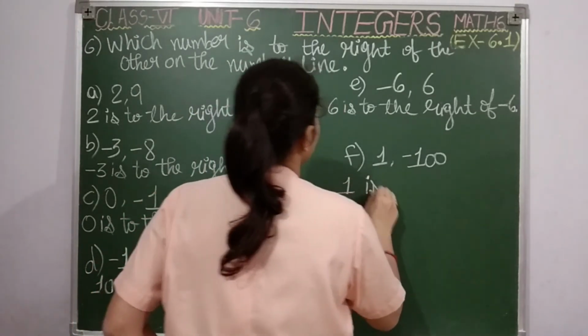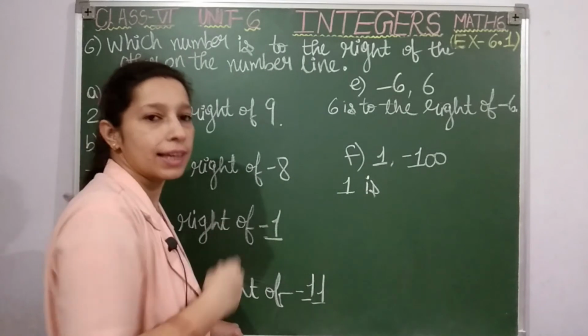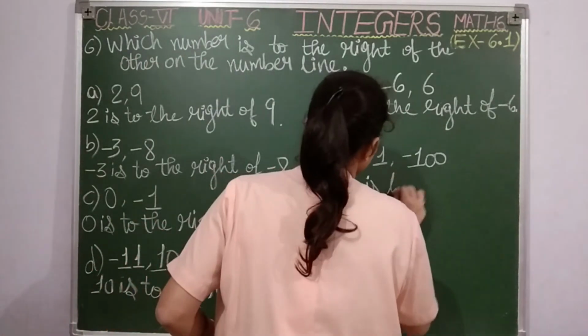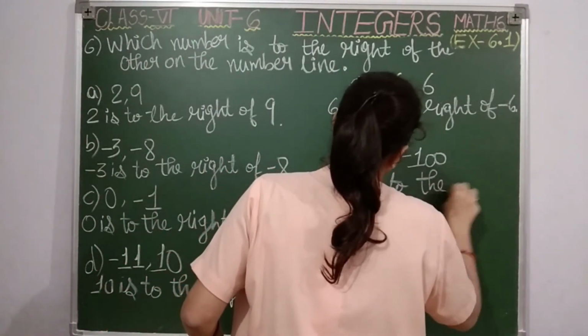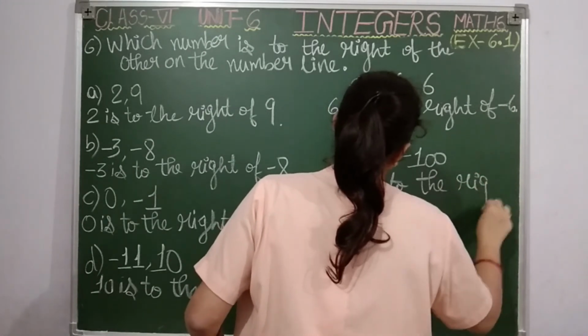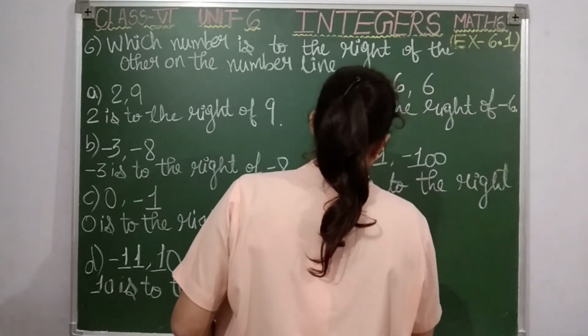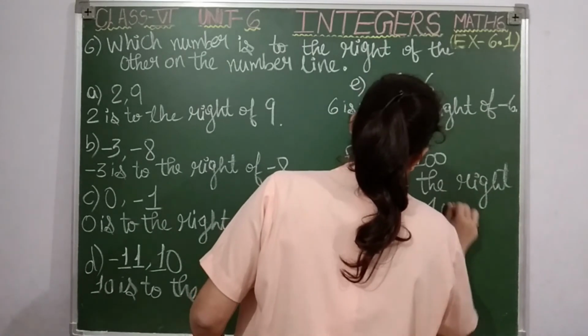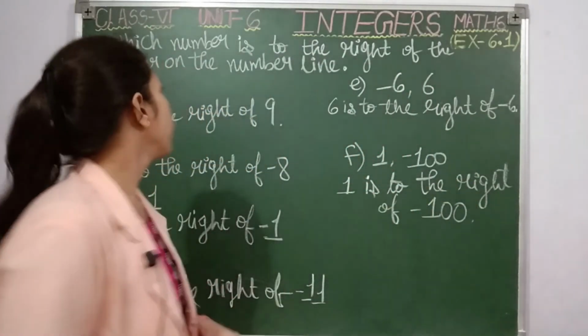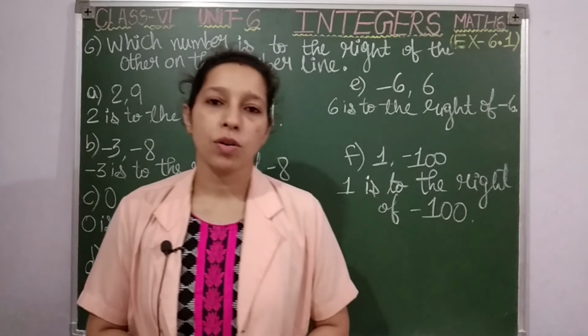Or if you have any confusion, again draw the small number line and then you will get your answer. Here I will write 1 is to the right of minus 100.